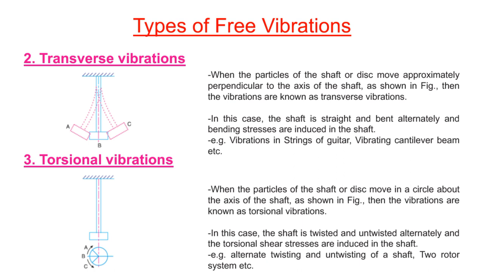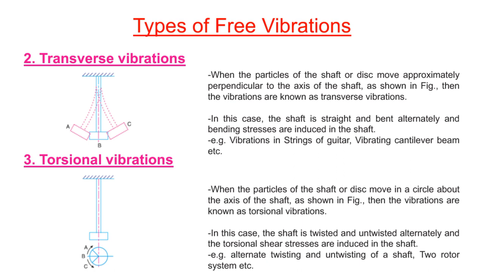Then there will be motion of the particles of the shaft or disc in a circular manner about the axis. That is, it will twist and untwist about the axis of the shaft. This type of vibration is called torsional vibration.